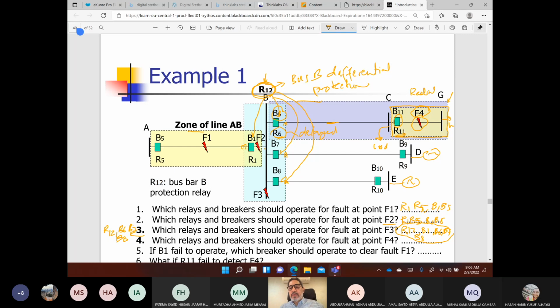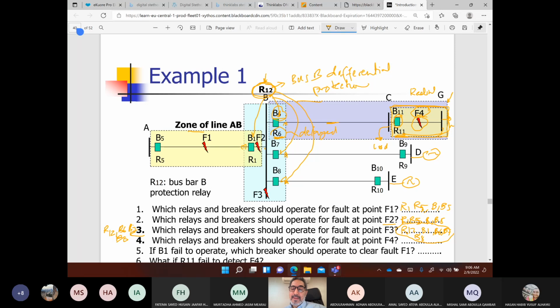Okay, so if two protection functions are overlapping, and one protection function zone is fully overlapped with another, it means this relay can provide backup for failures of R11 to detect faults within this area. If both 11 and 6 operate to clear this, that makes the system not selective.